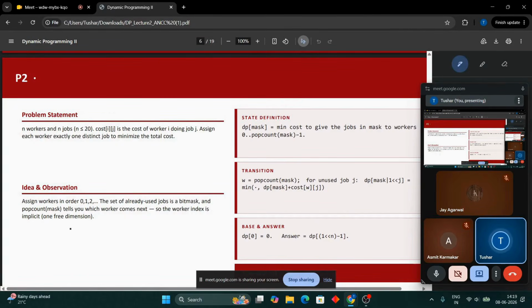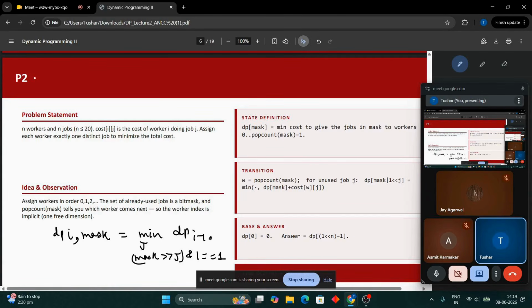We can do the transition in two ways. Suppose we want to calculate the minimum cost for dp[i][mask]. We can do that by minimizing over all the j's such that mask contains the jth bit, which implies that the jth job is assigned to the ith person.